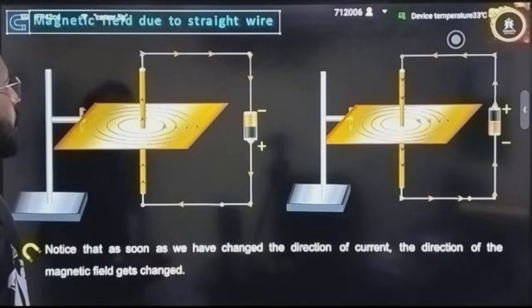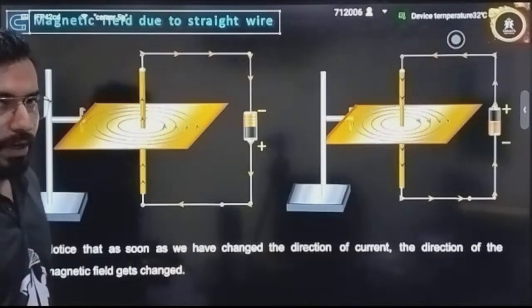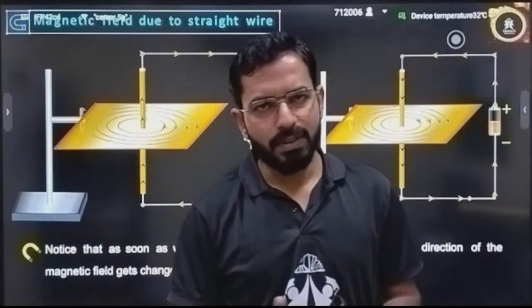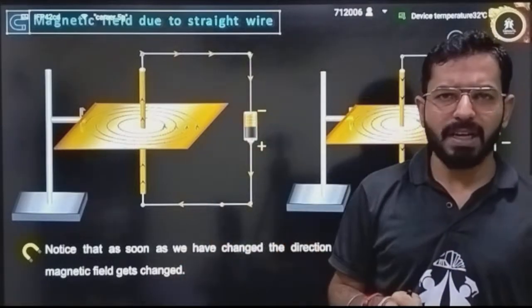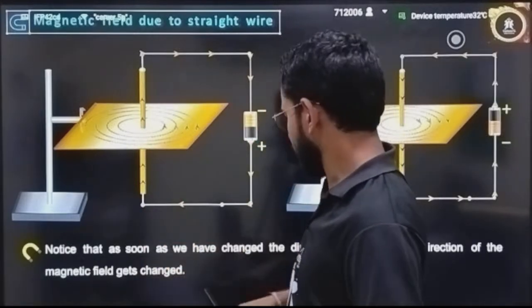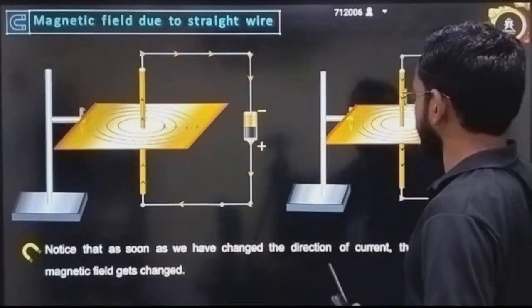Now, what is the magnetic field due to a straight wire? This is the first concept that we are going to understand. If this is a straight wire having some current I, here you can see when a current is flowing into this wire, by this diagram it is very beautifully explained.